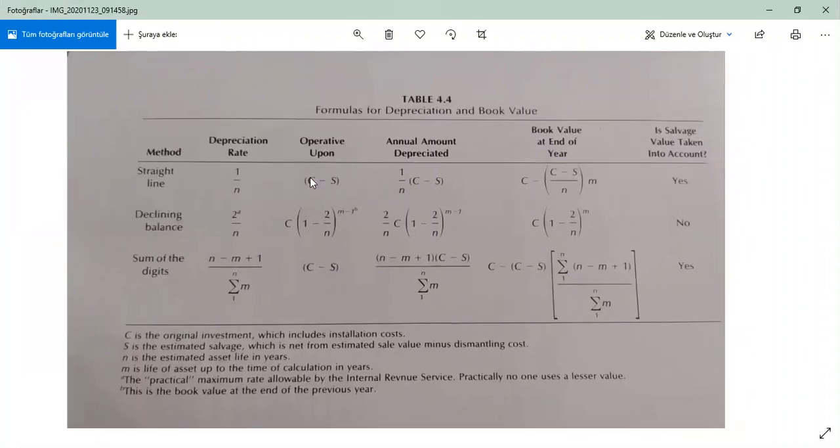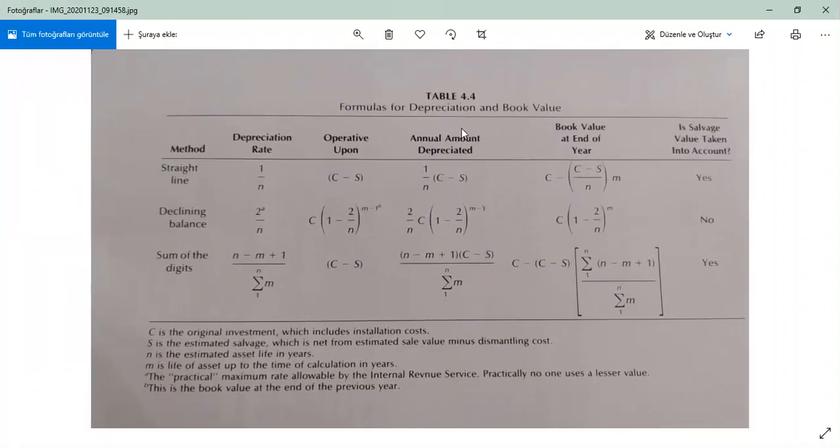It just shows us how we can calculate the annual amount of depreciation and whether we consider the salvage value at the beginning or not. For example, as I said, for the sum of digits and straight line techniques, we consider the salvage value at the beginning and we take the rates of the initial cost minus salvage value with respect to years.